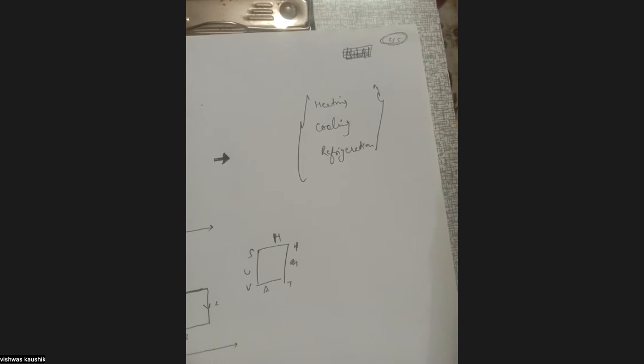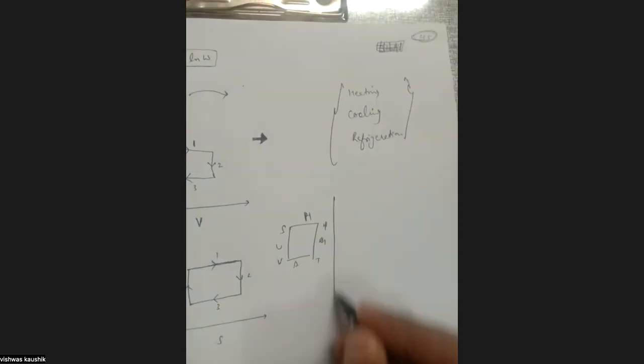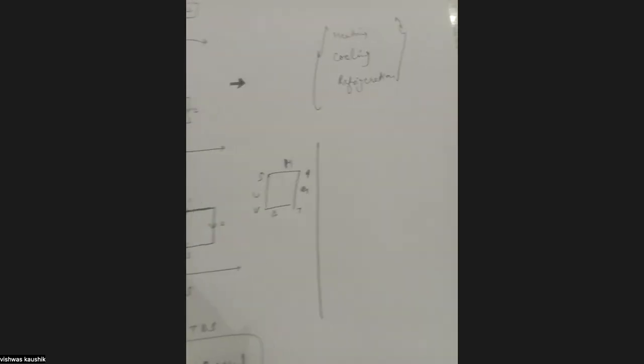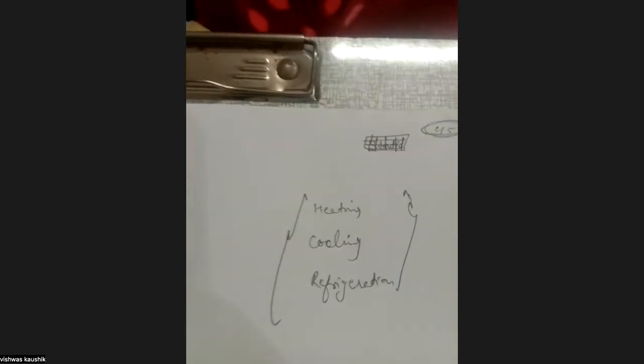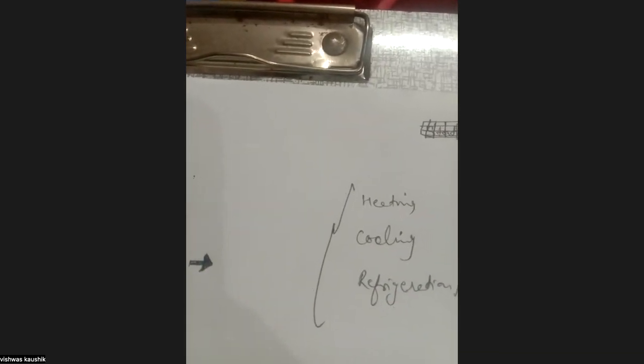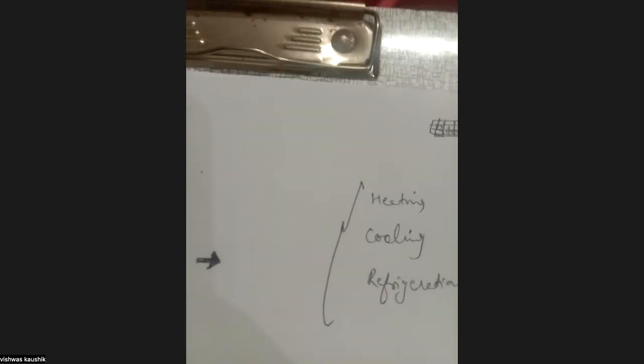Good. The next new topic is chemical equilibrium. Let's explain: what is the main application of chemical equilibrium? Yes, sir. Equilibrium is a state in which two opposite forces balance each other. If two opposite forces balance each other, then that state is the equilibrium state.